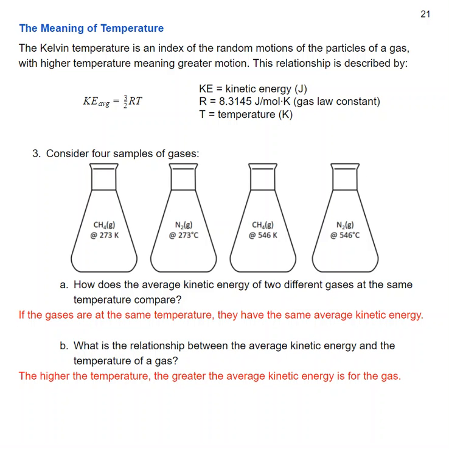So if those particles are at the same temperature, they have the same average kinetic energy. What is the relationship between average kinetic energy and temperature? So as you increase the temperature, those particles are going to absorb that energy and it's going to increase their motion. It's going to increase their kinetic energy.